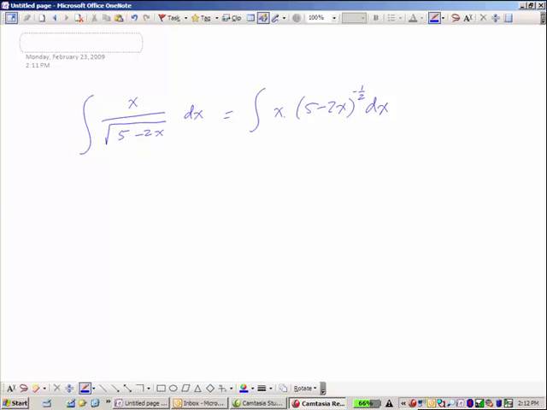Okay, so I look at the pieces that I have and I take the most complicated piece and I set the inner function equal to u. So in this case, u is going to be 5 minus 2x. Alright, if u is equal to 5 minus 2x, I need to find out what x is equal to.